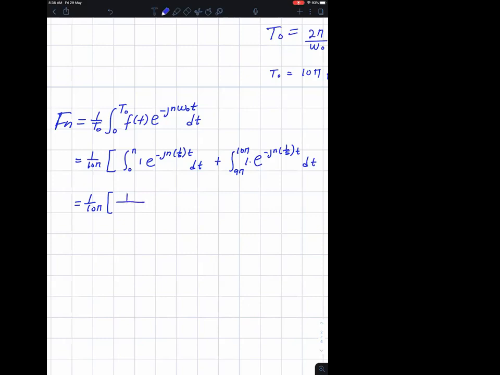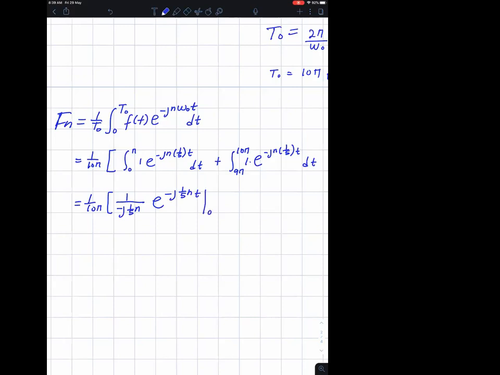The integral of e to the minus j n over 5 t is 1 over minus j n over 5, times e to the minus j n over 5 t.